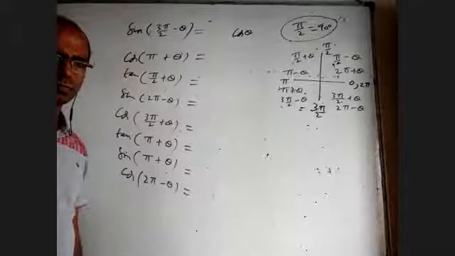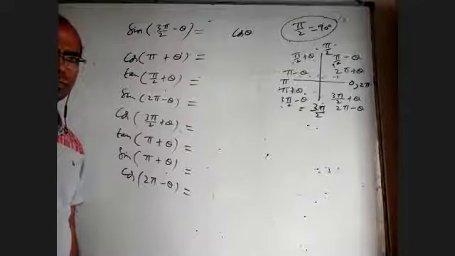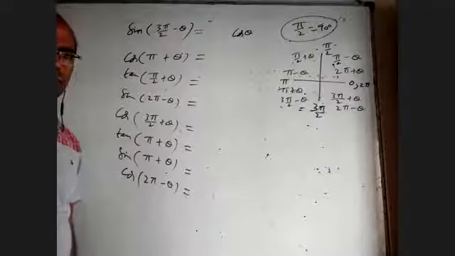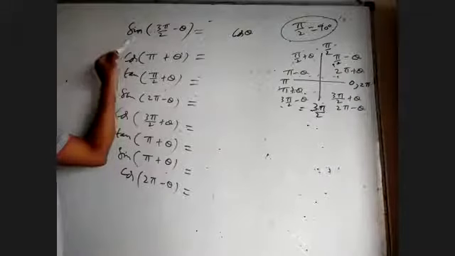Okay. 3 pi by 2 minus theta, which quadrant? Third quadrant, sir. Third quadrant sign is negative. Okay. So minus cos theta.